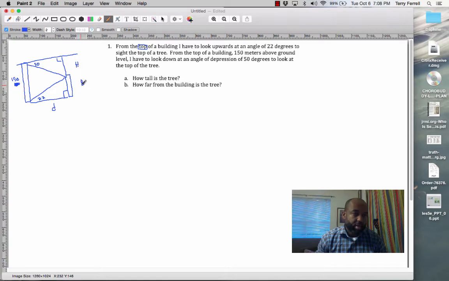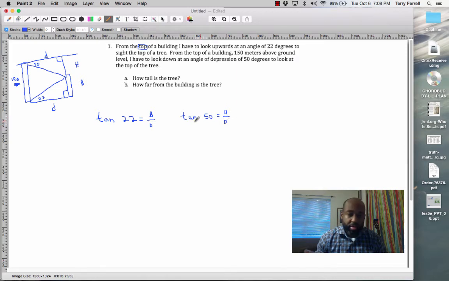You're really going to be setting up a system of trig equations. So from this one, I can set up tangent of 22 equals B over D. And from this one, because that's also D, I can set up tangent of 50 is equal to H over D as well.